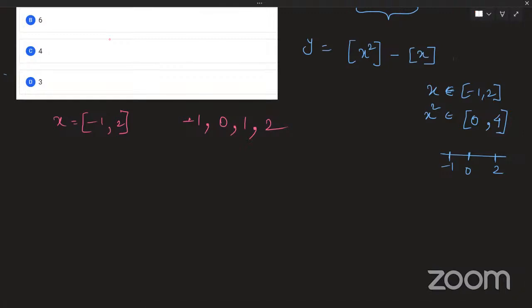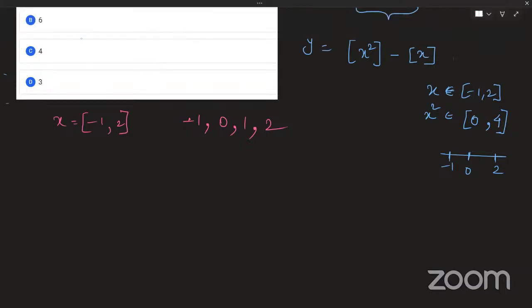Out of these, I feel the 0 case is really easy to evaluate. Like it is really easy to calculate, right? Do you agree? The 0 case is really easy. So let us just start with the 0 case first. So x is equal to 0.